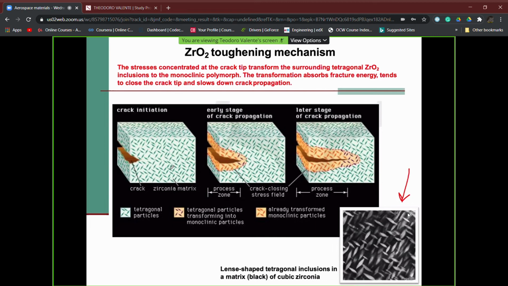So when we reach this, and this is possible during the fabrication of the thermal barrier coatings with the technology that we have, we can rely on another aspect.